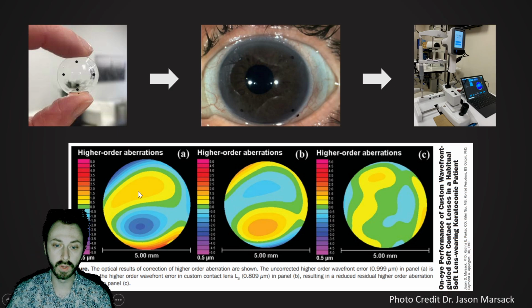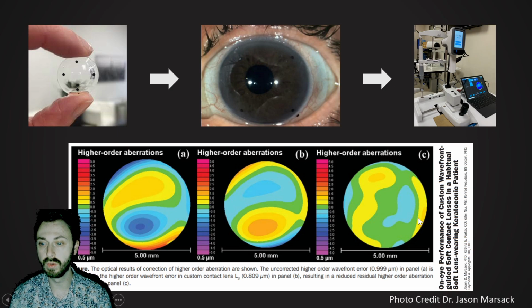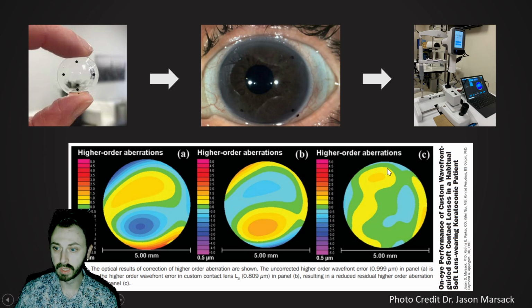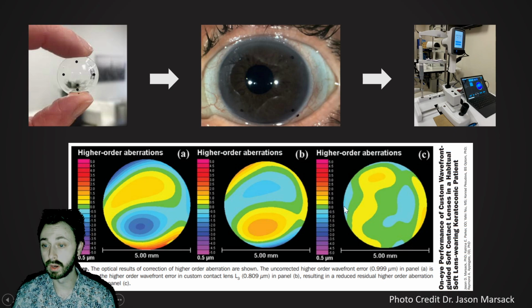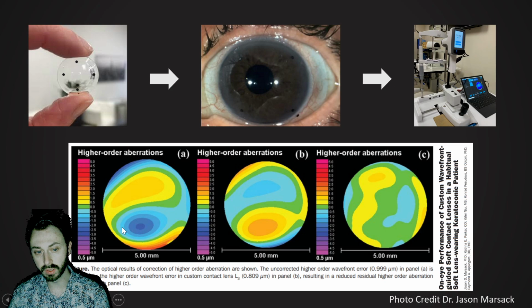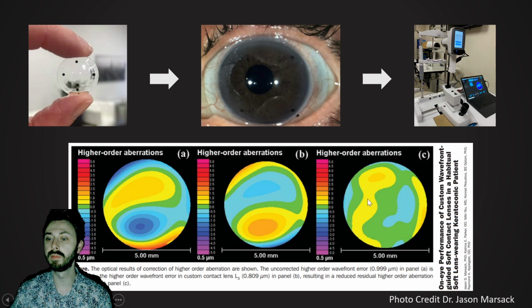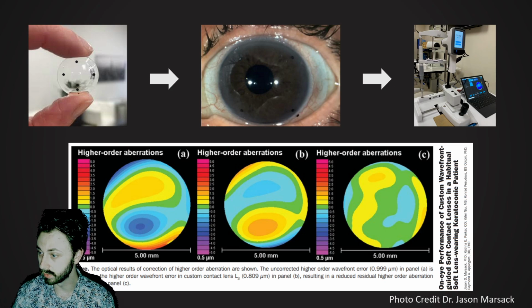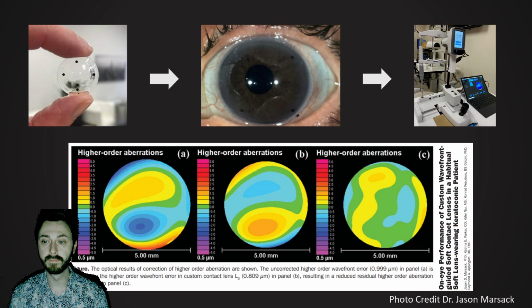When you add these two together, you get this more uniform higher order aberration. Yes, there's this yellow coming up and a little bit of blue, but the yellows are much less hot and the blues are much less cool than the initial power profile. So this patient is likely to experience much improved vision from this correction mode.